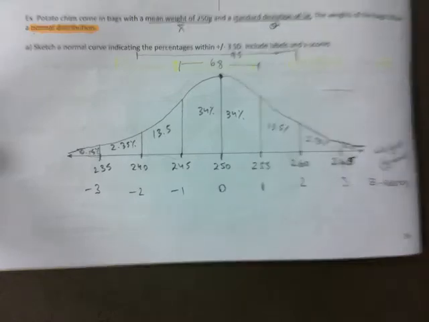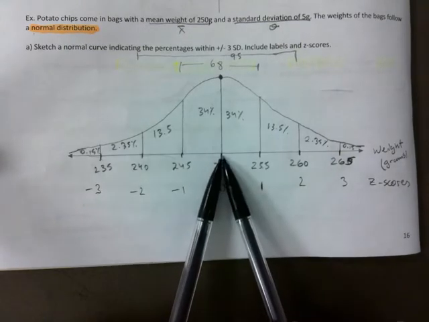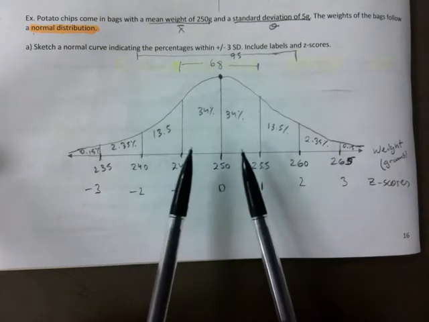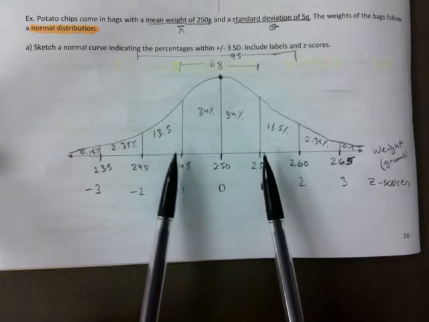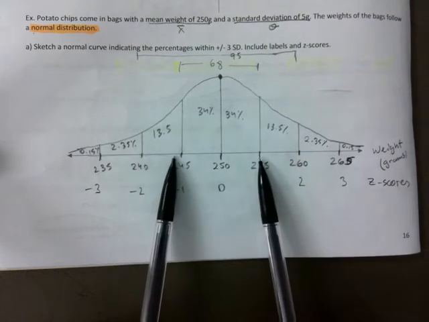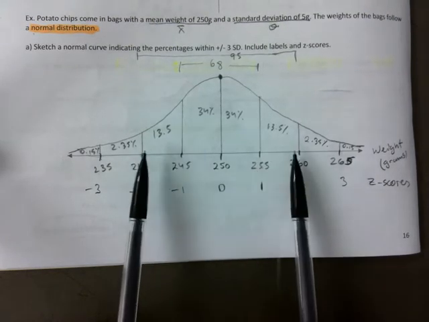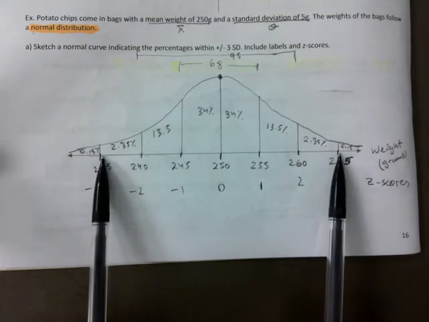But we know that, let me have 2 pencils here. If you take the average in the middle, if you go within 1 standard deviation on either side, that's 68. If you go within 2 standard deviations, this is 95, 99.7, right? Within 3 standard deviations.